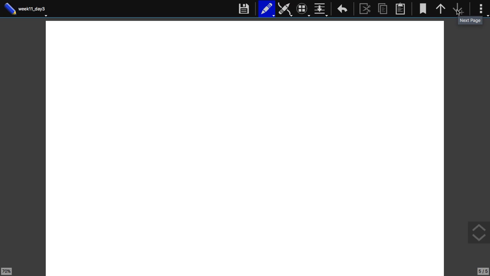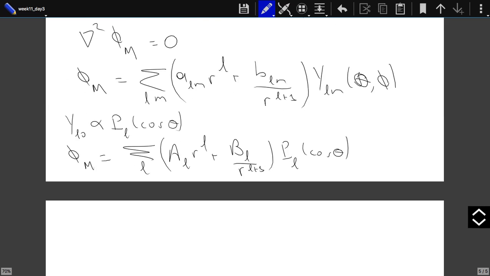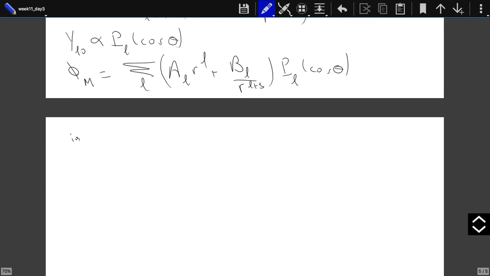Now let's impose certain boundary conditions. For example, we know that inside the sphere, phi m is finite at r equal to 0.